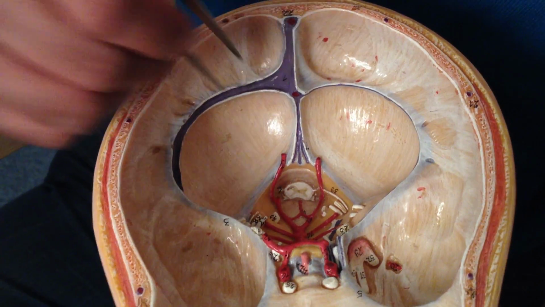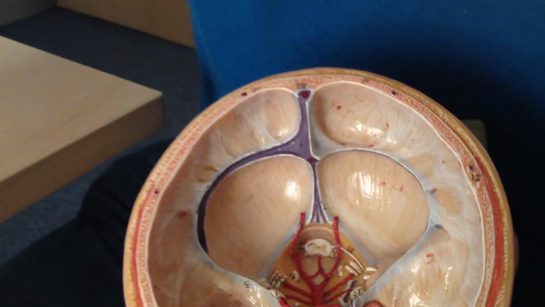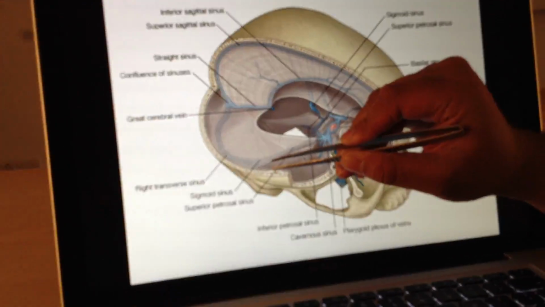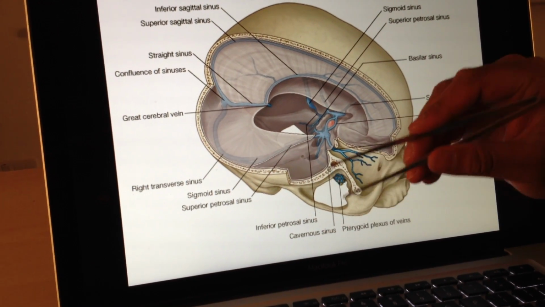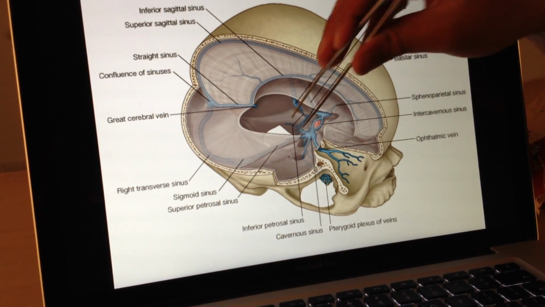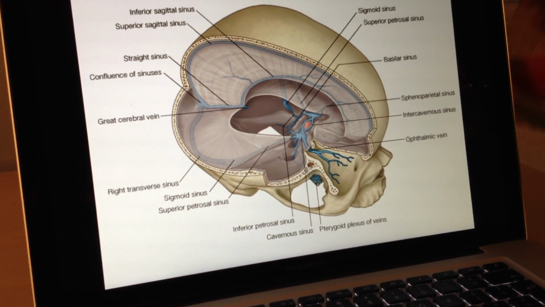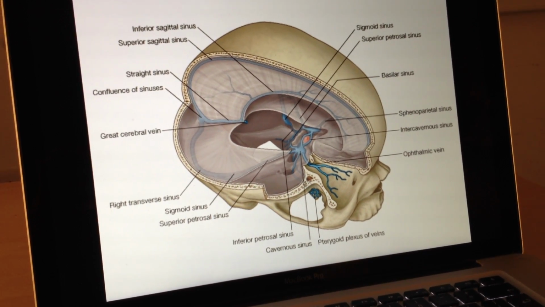Now, I'll take you back to this diagram across here. That there is the transverse sinus across here. Now you can see that there's a lot of activity going on beneath here. So I'm just going to grab this skull here to show you what's going on.